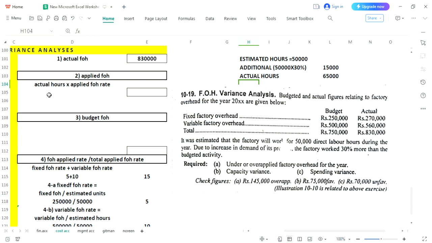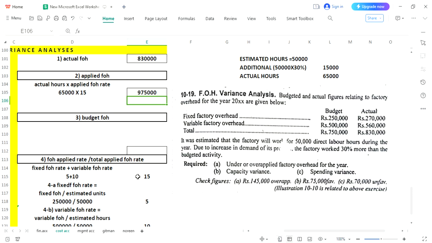So come over here, your actual hours are 65,000, which we have calculated right now, and 65,000 multiplied by what? Applied FOH rate. Here you can see that the fourth requirement, factory overhead rate or total applied FOH rate, which we have calculated is 15. So you will multiply it with 15. Statement completed. It's time to calculate it. 65,000 multiplied by 15, with which you will be able to calculate your applied FOH.